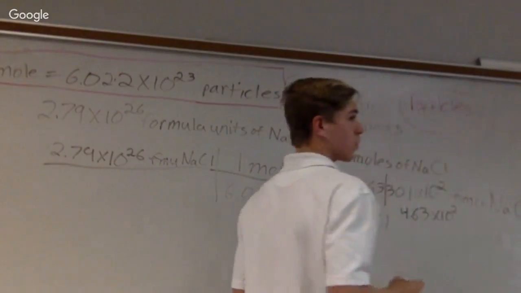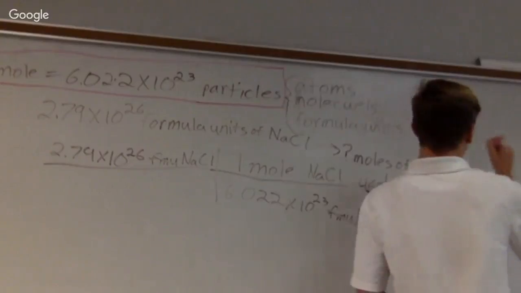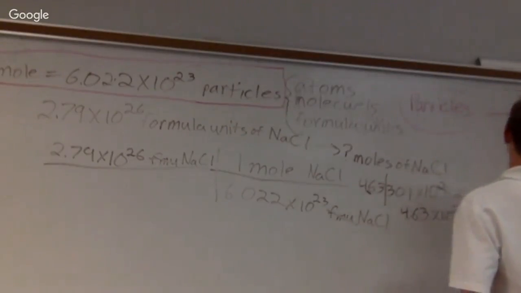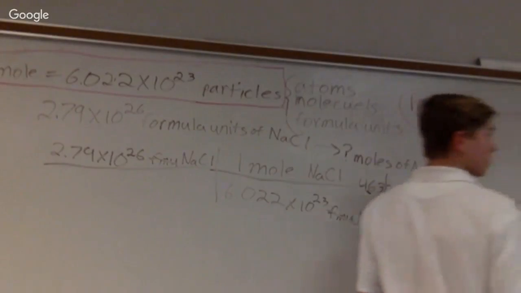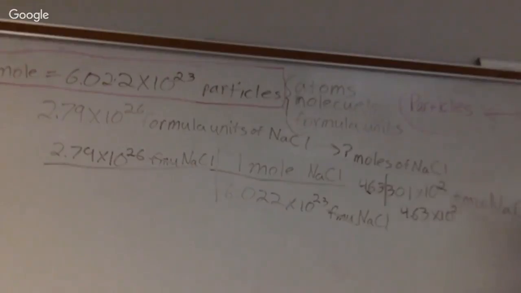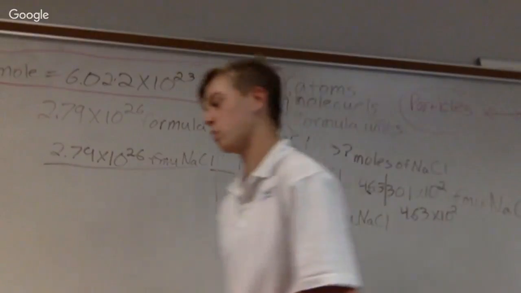And put a back and forth arrow about this long, and then write moles. Circle it. And then put a back and forth arrow and write grams. And circle it.